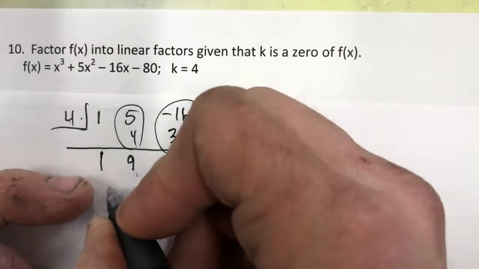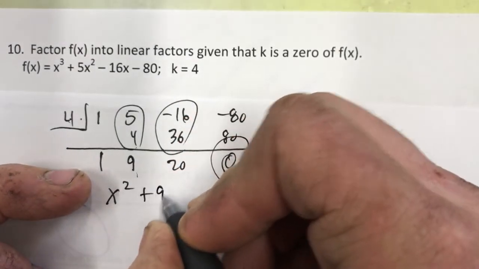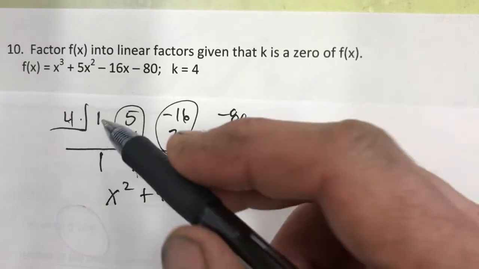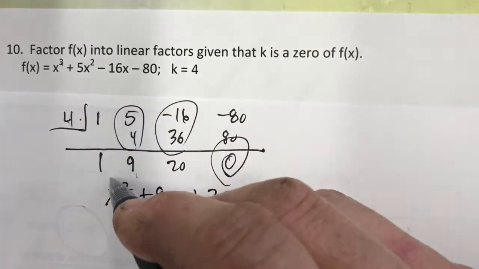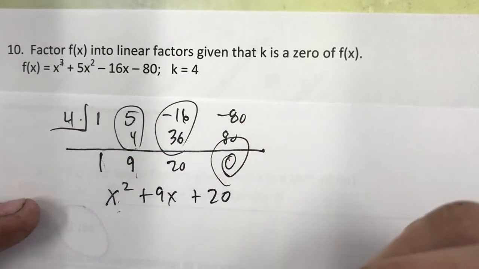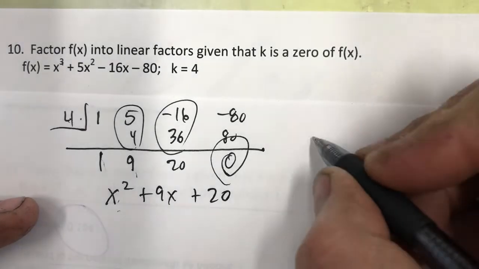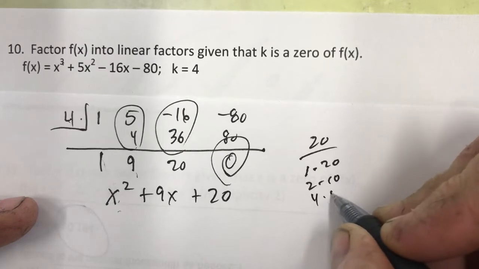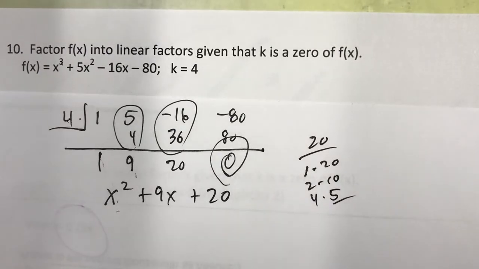So I'm left with this, 1x squared plus 9x plus 20. Okay, remember it's 1 degree less. Since that's x to the third, this is x squared, 1x squared. All right, I break down my 20. 1 times 20, 2 times 10, 4 times 5, and that's it. 5's over there.